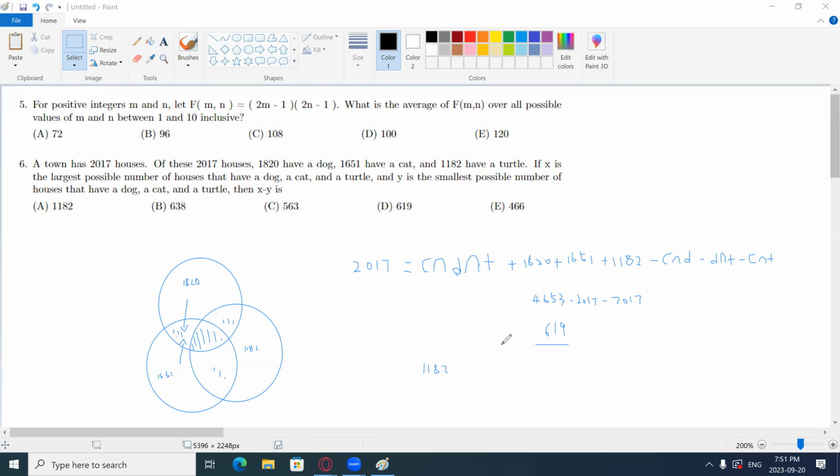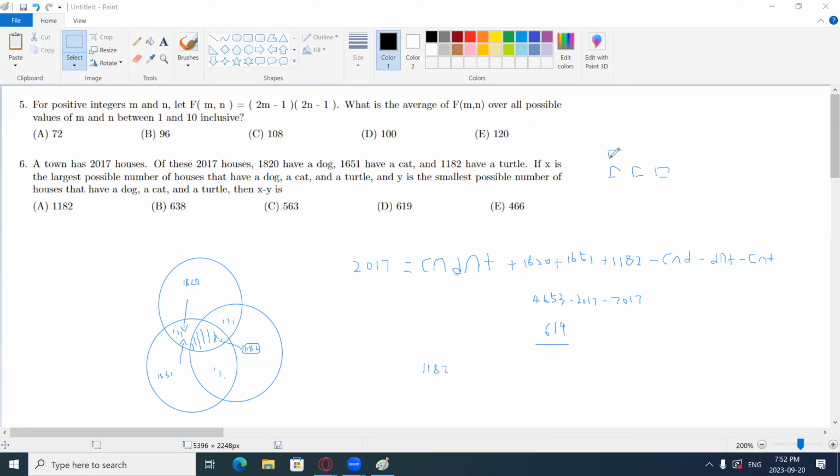Because if you were to look at it, you have all the houses here. If all of these houses happen to be in here, then everything would still fit. Let's say there's a bunch of houses here.